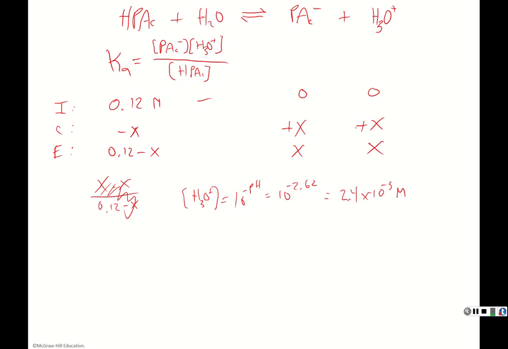Now we can plug X into our expression for Ka. So let's include the X in the term for our original weak acid. We'd have 2.4 times 10 to the minus third squared on top, divided by 0.12 minus 2.4 times 10 to the minus 3.